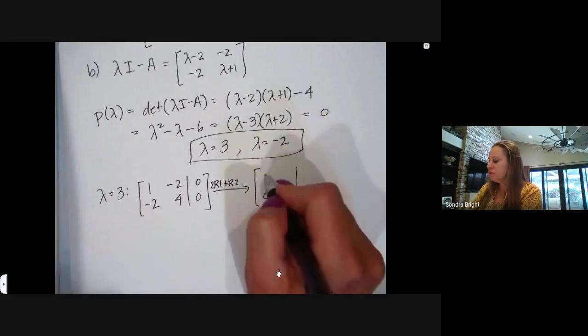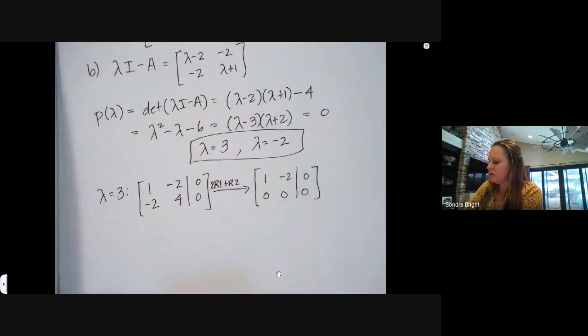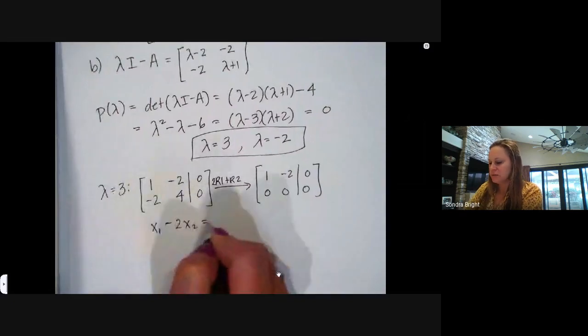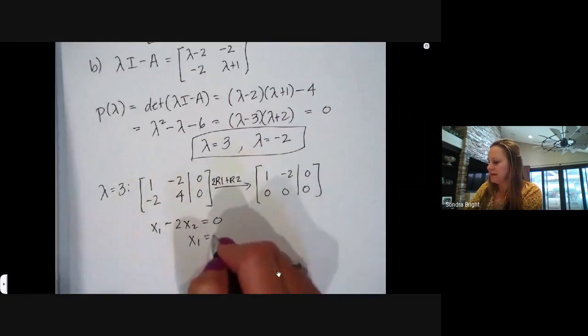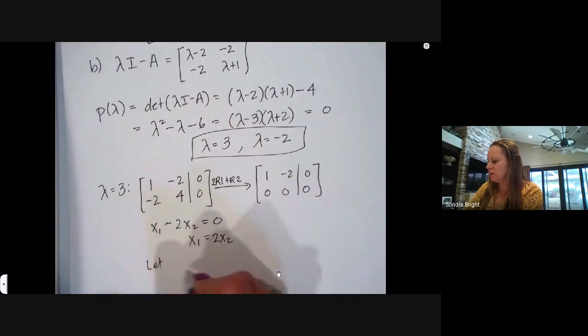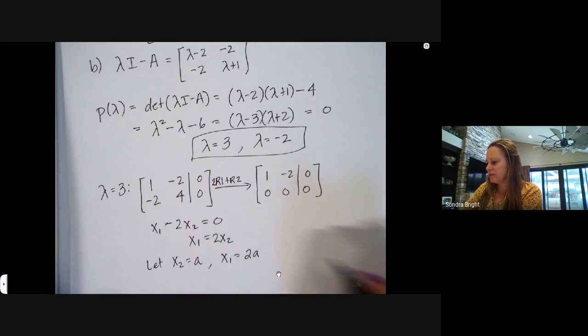That first row tells me x1 minus 2x2 is equal to 0, which means x1 is equal to 2x2. So I'll let x2 equal a, then x1 will equal 2a, which means my eigenvector would be 2a, a. Factoring out that a, we get 2, 1.